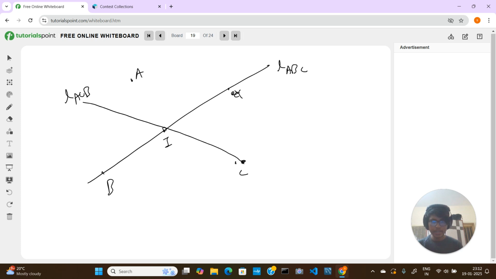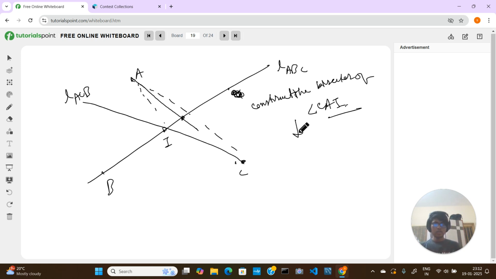So how we can get such a point Y is, look at this. Construct the bisector of angle CAI. This gives you a point Y on the extended segment BI.